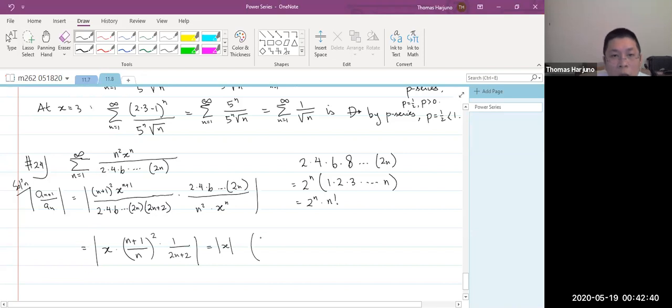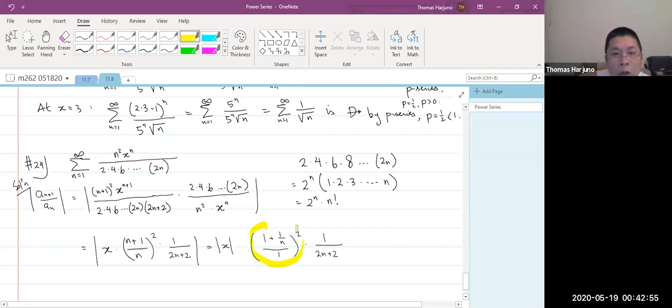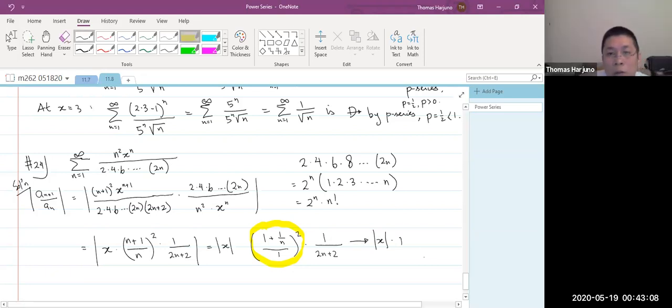And this guy here, I will make it 1 plus 1 over n over 1 squared times 1 over 2n plus 2. Now, this guy will go to what when n goes to infinity? It will go to 1.